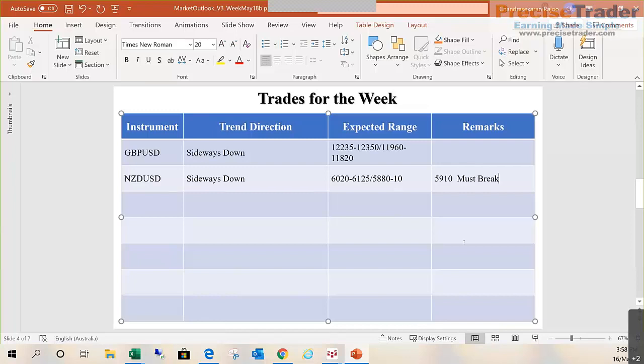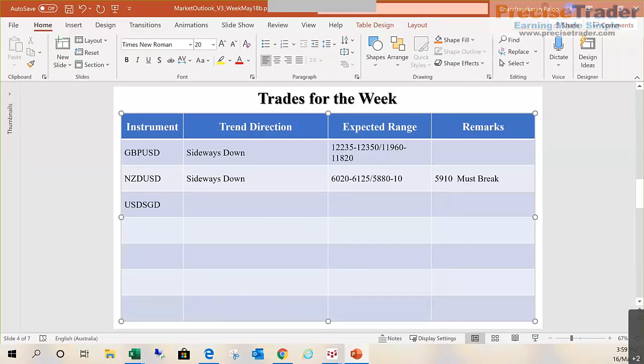Otherwise, what we feel is the market is going to be in the range between 59.10 to 60.20 or 61.20 for the whole week, maybe until we see the break. So we have to make sure that 59.10 breaks, then we see the price moving lower another 150 pips, 100-over pips.